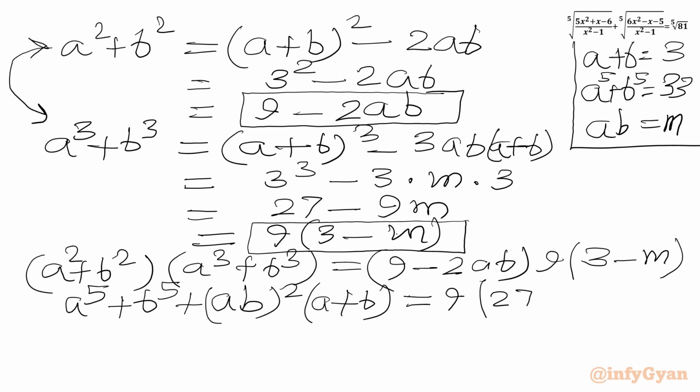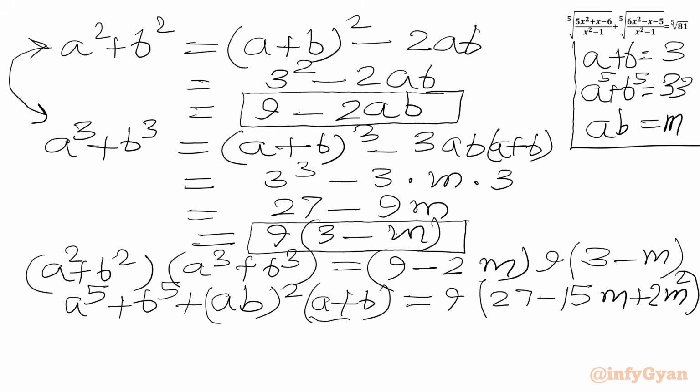We will write here 27, then minus 15ab. ab is m, so we need to write m instead of ab. So here we'll write minus 15m, then plus 2m².